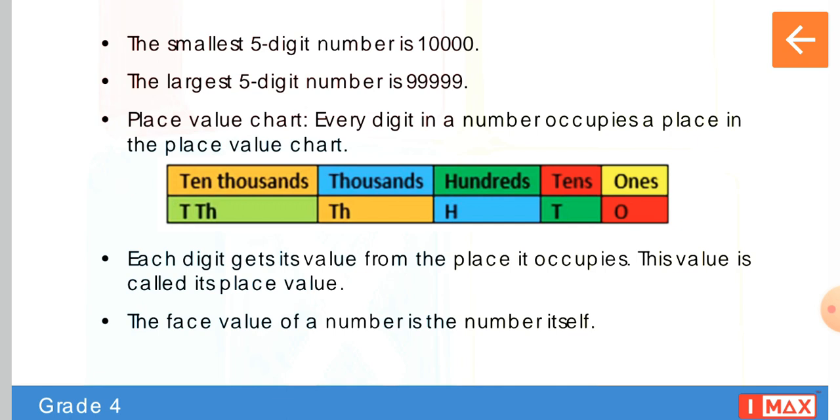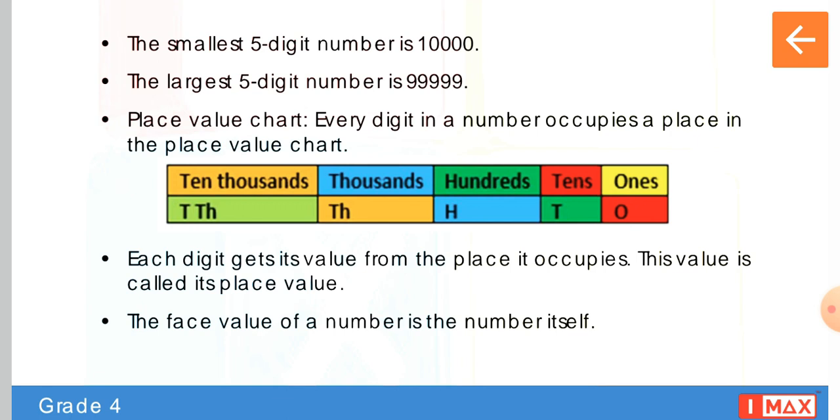Children, what is place value? Each digit in a place value chart gets its value from the place it occupies. If a number is 13,000, each digit has a place in the place value chart.